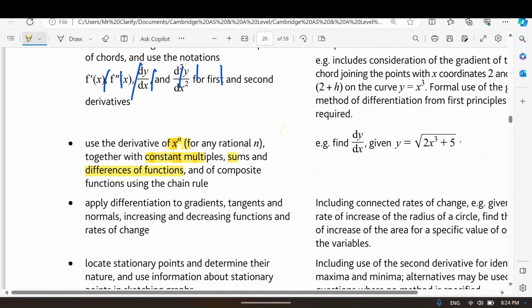I just want you to make sure you are comfortable and you know that you actually do know everything on this page. So here it says you must know the power rule, and you must know it when there is a number multiplying your function, constant multiples.